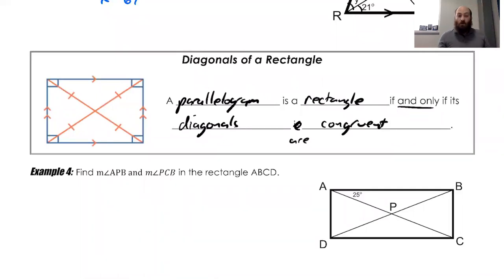So that's what we're looking at in this diagram. Now, since a rectangle is a parallelogram, we also know that those diagonals have to bisect each other. That's why this part here needs to match up to this part, and this part needs to match up to that part. But since it's a rectangle, the diagonals are also congruent. So that's why all four pieces here are the same length.